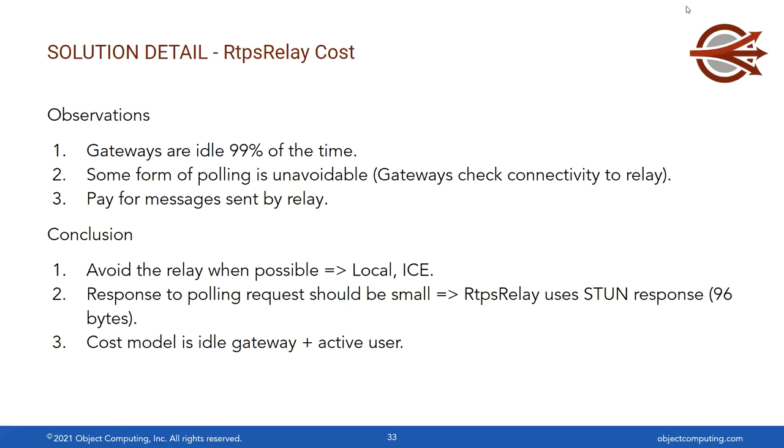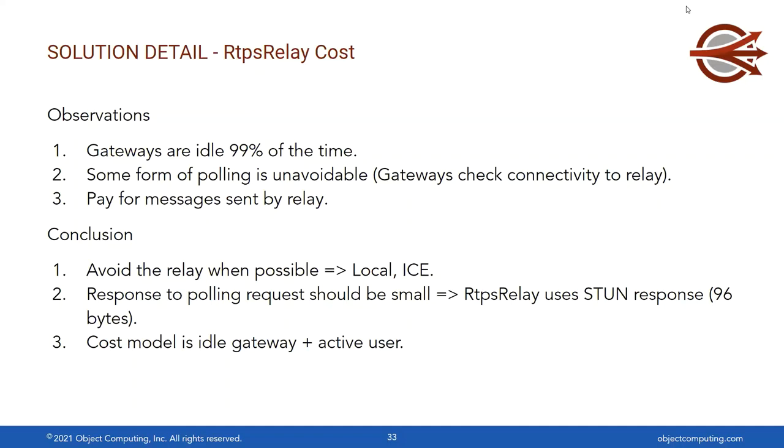And we can do that with local interactions and ICE. Similarly, the response to a polling request should be small. The RTPS relay uses a STUN response, which is 96 bytes. So it's pretty small. It could be smaller, but that STUN response is giving us some value.